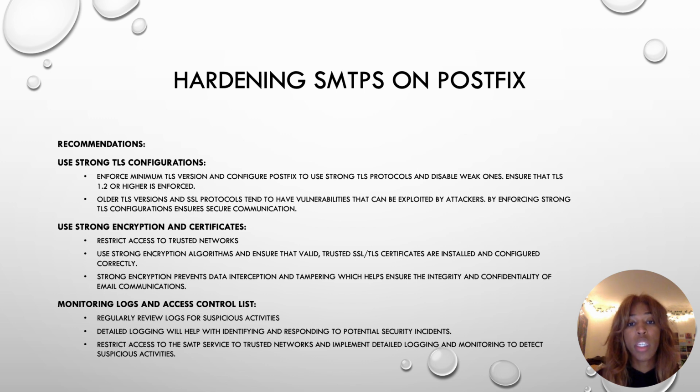Hardening SMTPS on Postfix. So here are 3 recommendations I have. So you would use strong TLS configurations by enforcing minimum TLS versions and configure Postfix to use strong TLS protocols and disable weak ones, and ensure that TLS 1.2 or higher is enforced.